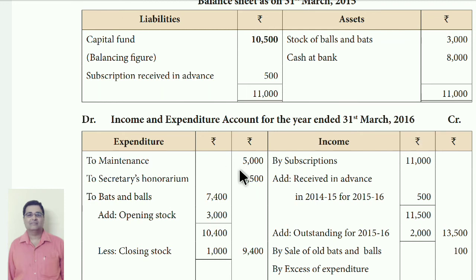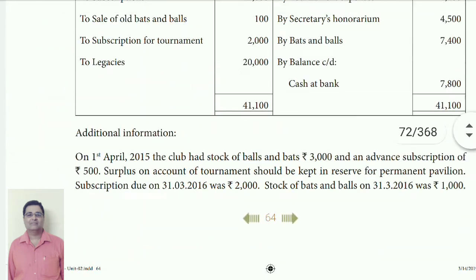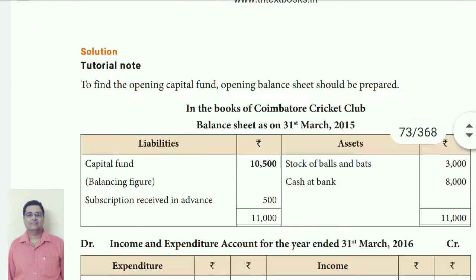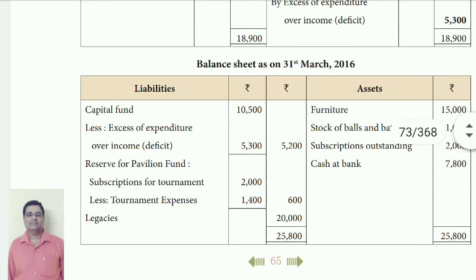Maintenance 5,000 rupees we write. Understand? See the next line. Furniture 15,000. We have to write in the asset side. See the assets, closing balance sheet, furniture 15,000.